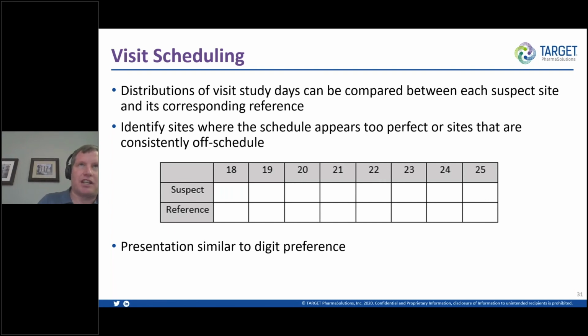You may also here identify sites that essentially have scheduling that looks to be too good to be true, where they are essentially showing up perfectly according to the schedule laid out within the protocol.